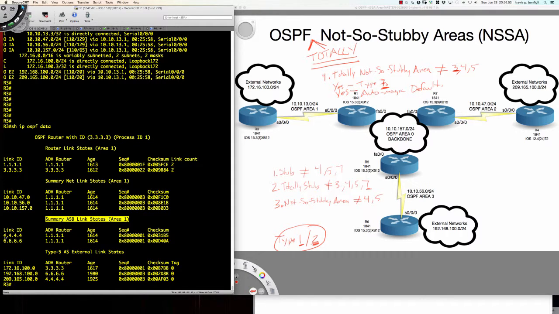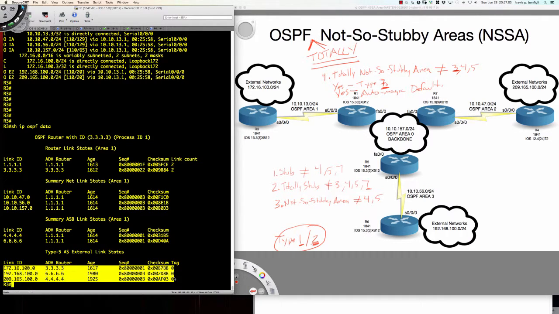These are the type 4 LSAs that provide us information about how we get to these type 5s. That's why we've got our type 4s in here. So we've got type 1s, type 3s, type 4s, and type 5s, because again, this is just a vanilla multi-area OSPF setup.